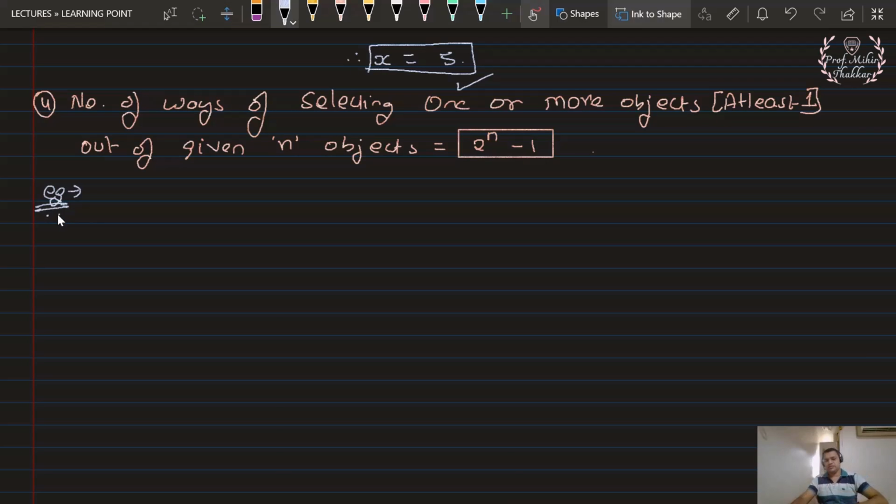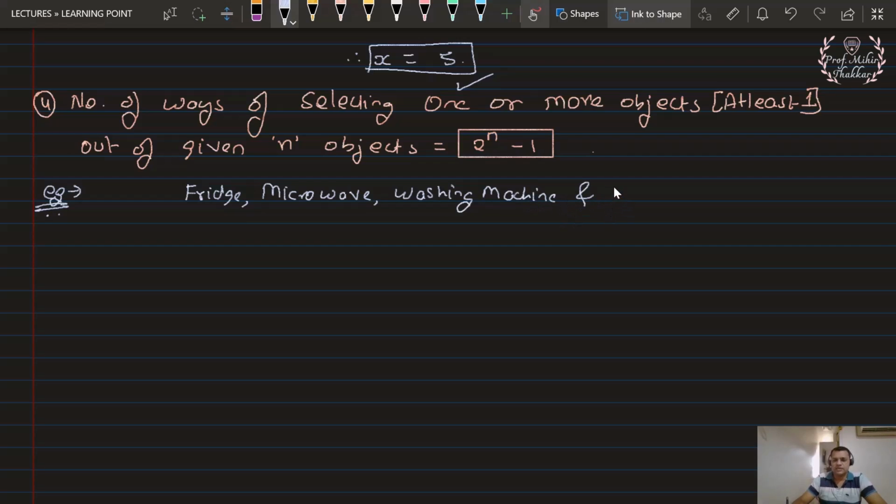Suppose you have purchased a new house and you are now going out shopping for some new electronic items for your new house. The basic electronic items that we will need are a fridge, let us say a microwave, a washing machine, and let us say I also require a TV. Probably we may also require an AC, but these are 4 basic things that we will need in our new house.